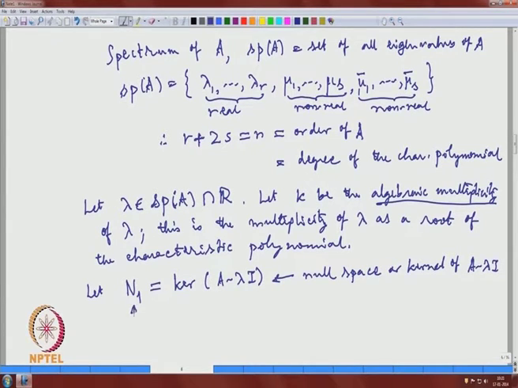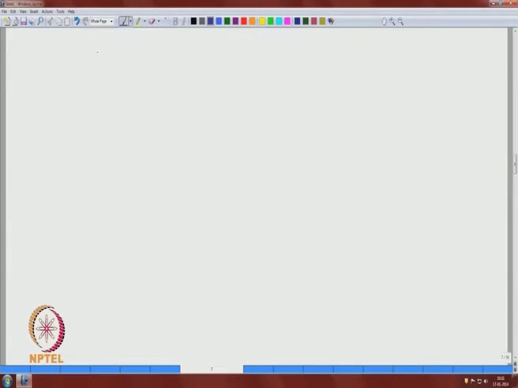So, this is referred to as the eigenspace of A corresponding to lambda. So, if lambda is an eigenvalue, we just form this, and this is a subspace of R n.